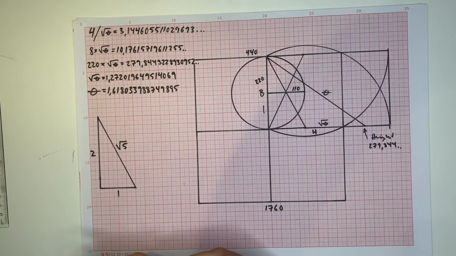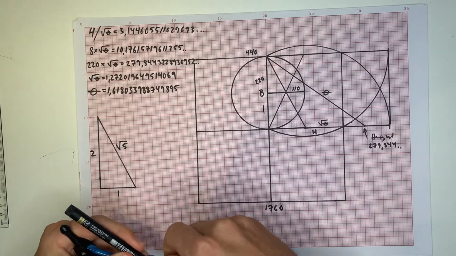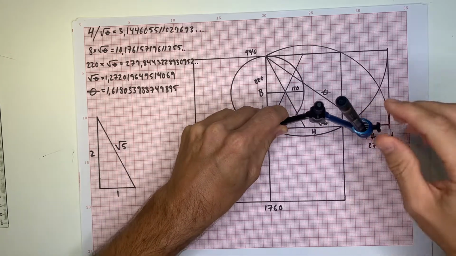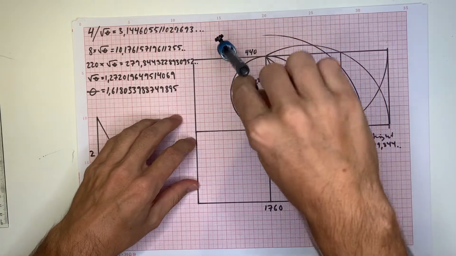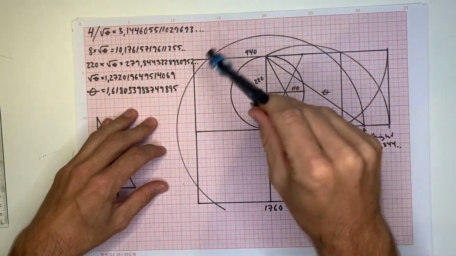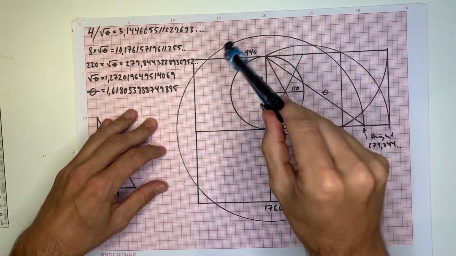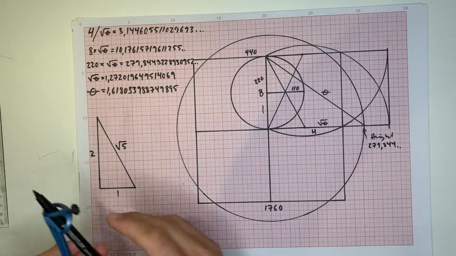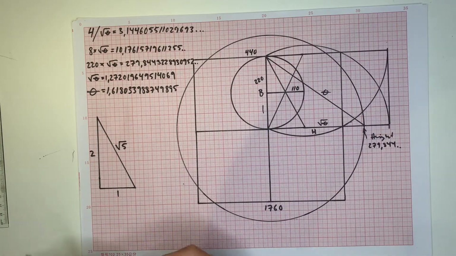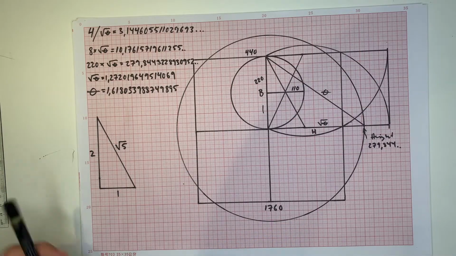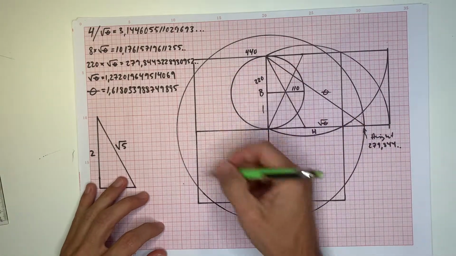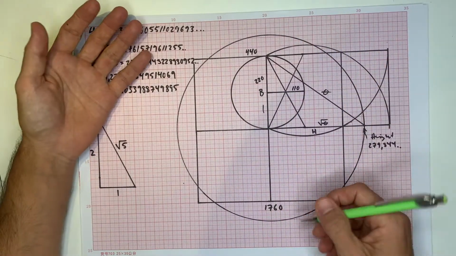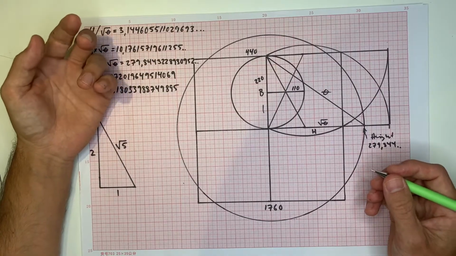So what I'm going to show now is that this circle that I will outline here, in this drawing, this big circle and these four squares, or as we call it the base of the pyramid, they will be equal.